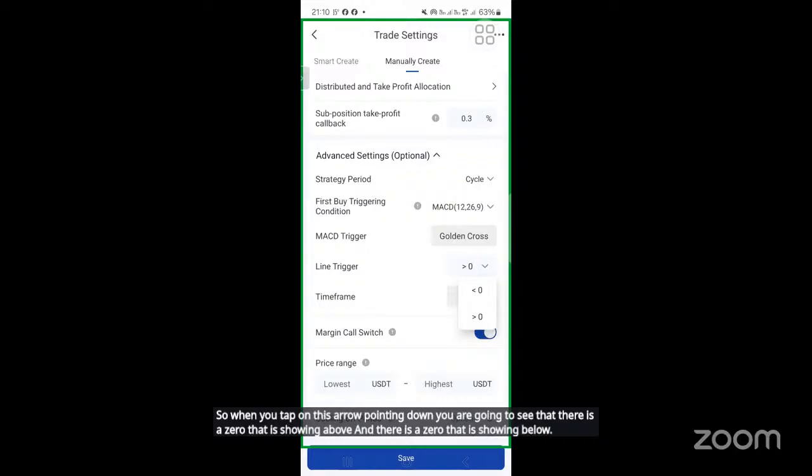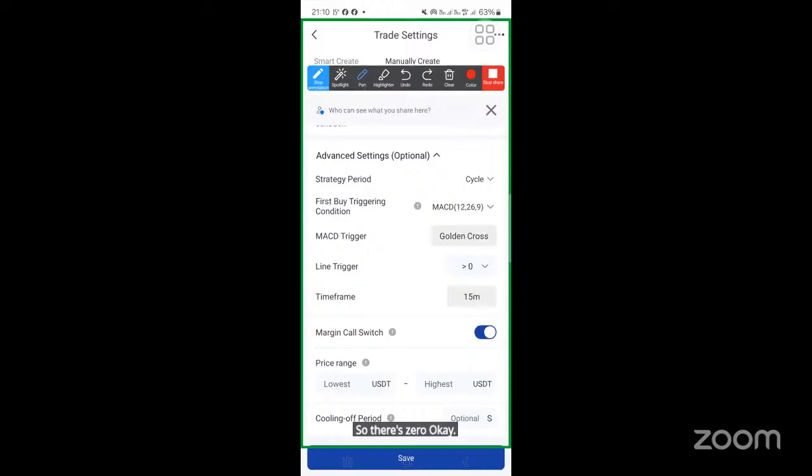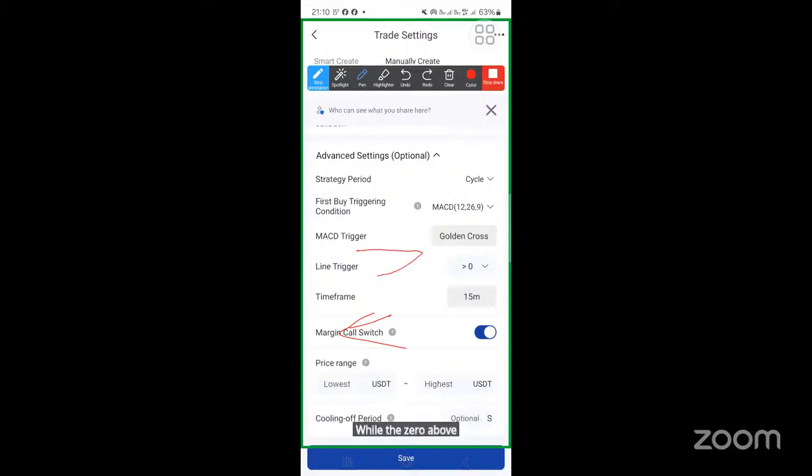The 0 below is the one having the arrow pointing backward like this, while the 0 above is the one having the arrow pointing forward. So this one is above the 0. This one is below the 0. So you are going to indicate here which golden cross the robot should monitor.